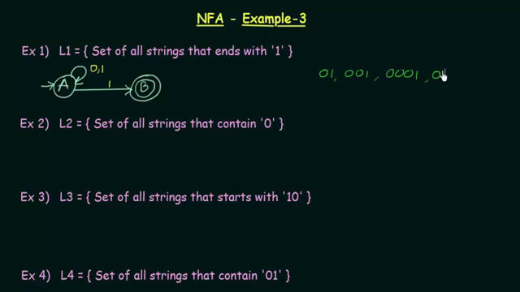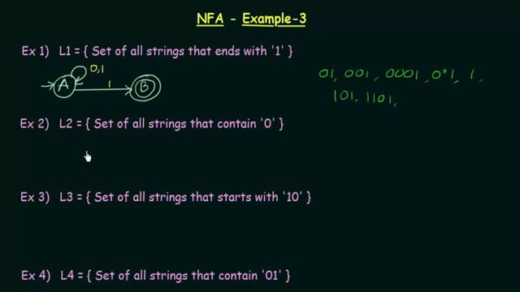That means any number of zeros followed by 1. But there are even other strings that end with 1, like let's say 101, 1101. Even these strings should be accepted. That is why I wrote A on getting input 0 and 1, it could stay in A, and if it gets the last input 1, it goes to B. In this way, all these inputs which end with 1 will be accepted by this NFA.